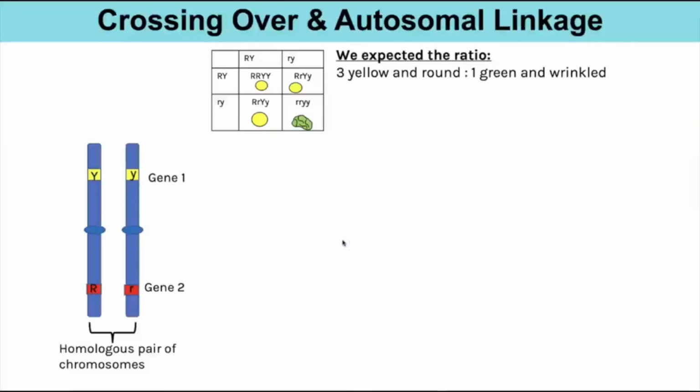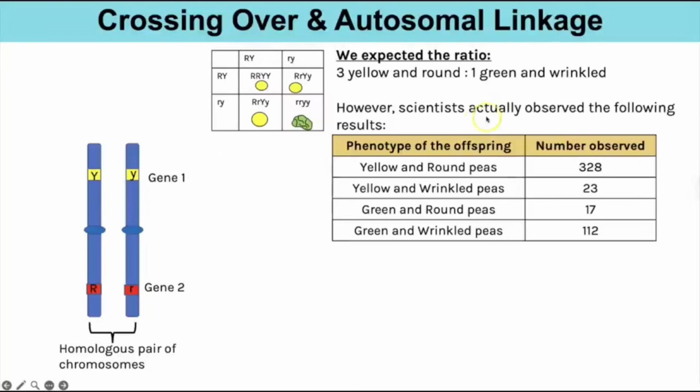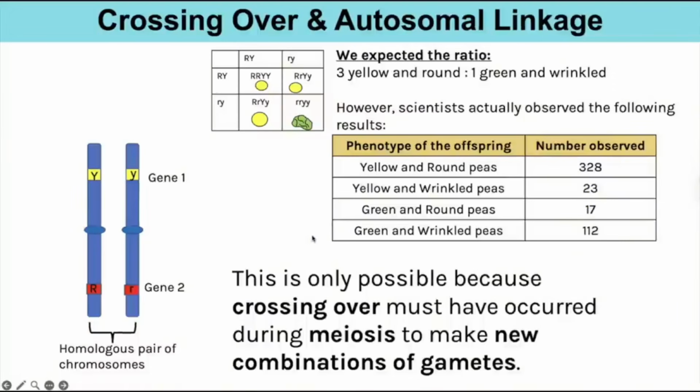However, sometimes you're told that information and then you say, scientists actually observed the following results. And we can see we have 4 phenotypes, and here are the numbers they observed. They've got mainly yellow and round, then green and wrinkled, and then you don't have very many yellow, wrinkled or green round. And they would ask you, how is it possible they got these results?